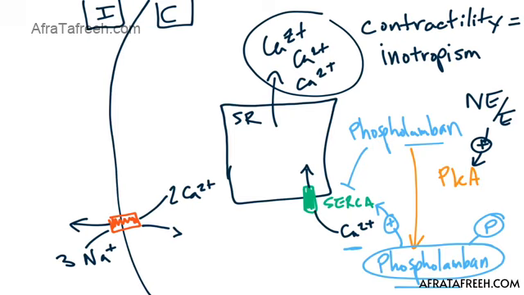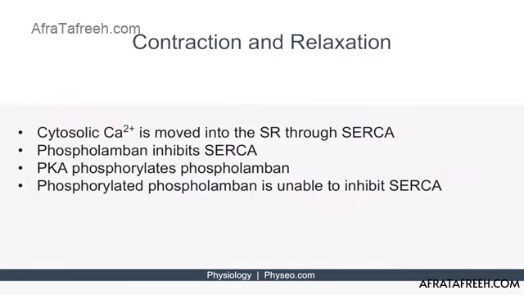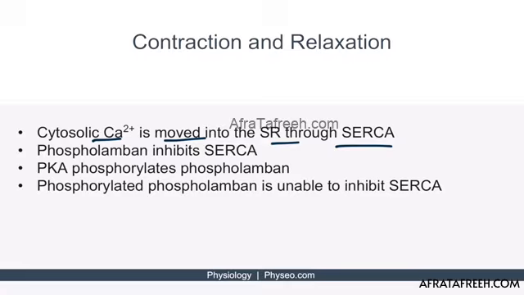Okay, let's see what your text says. Cytosolic calcium is moved into the SR through the SERCA channel. Phospholamban normally inhibits SERCA, and protein kinase A phosphorylates phospholamban. When phospholamban is phosphorylated, it's unable to inhibit SERCA.